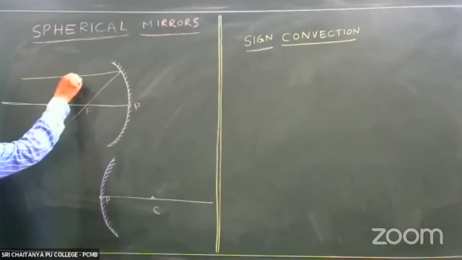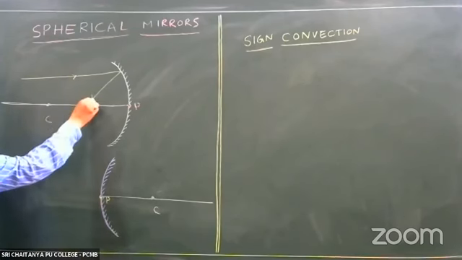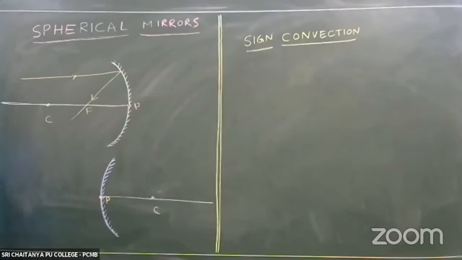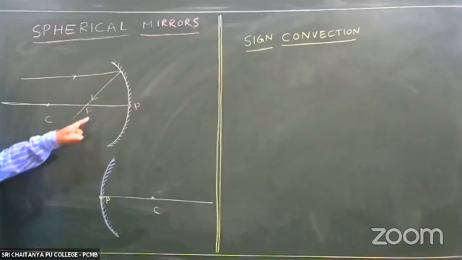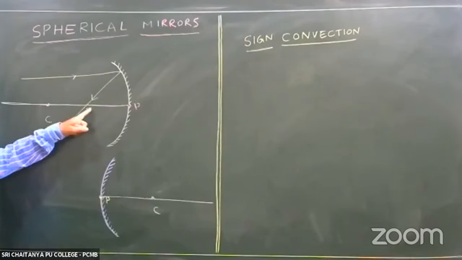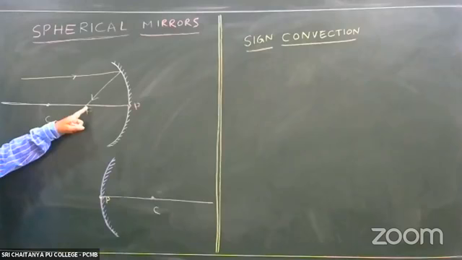If the light ray is made to be incident on the concave mirror parallel to the principal axis, first point. Second point, the ray must be a paraxial ray. After reflection, definitely that light ray passes through a fixed point on the principal axis, and that point is called principal focus.